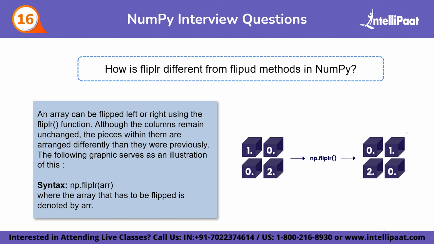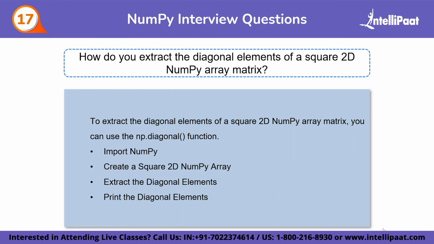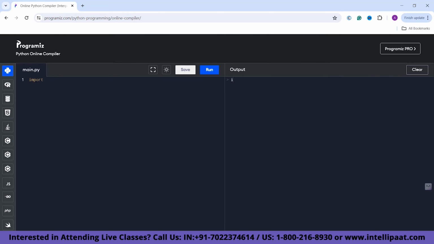So moving on to our next question, which is how do we extract the diagonal elements of a square 2D NumPy array matrix? We will write import numpy as np. We will now create a square 2D NumPy array, or you can say matrix.